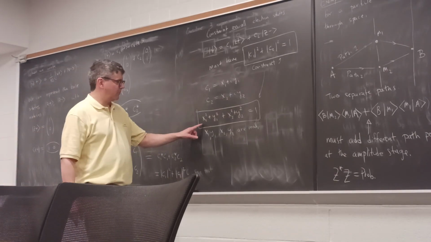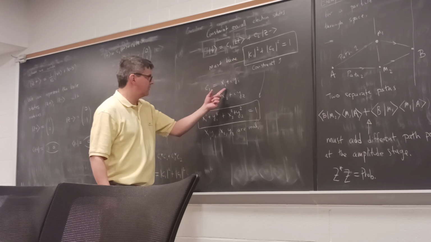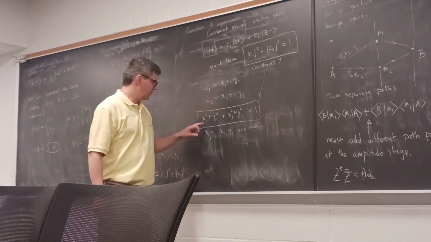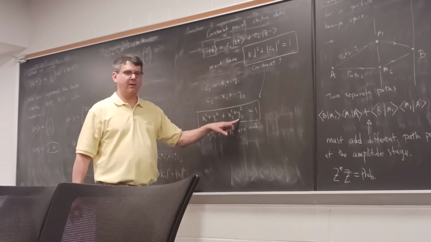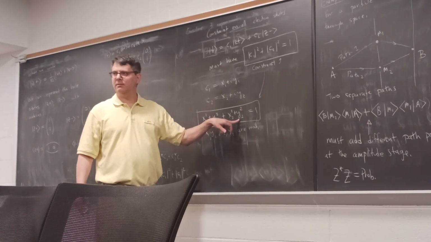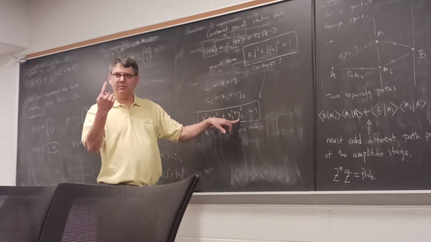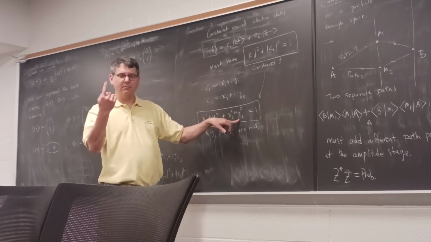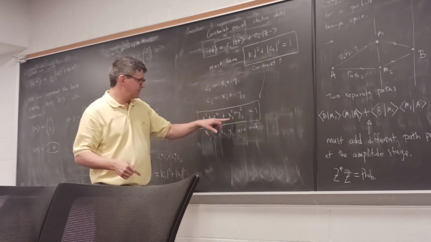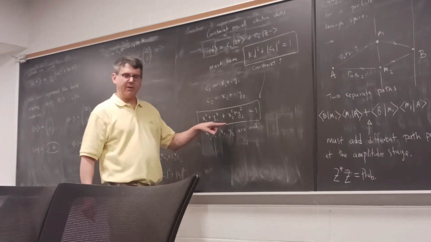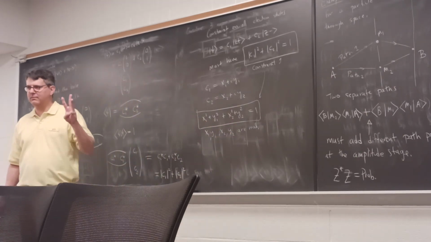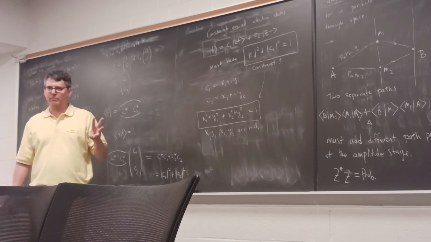Okay, so a complex number has 2 real degrees of freedom. So there's what looks like 4 degrees of freedom here. So one quantum bit, I can solve for one of these in terms of the other 3, so I have 3 degrees of freedom for a single quantum bit.